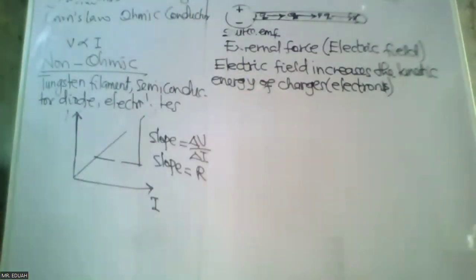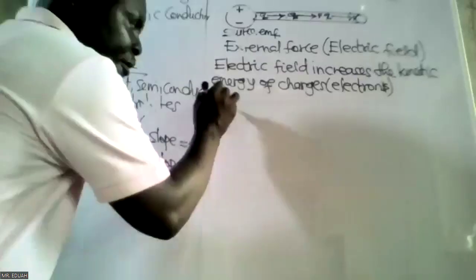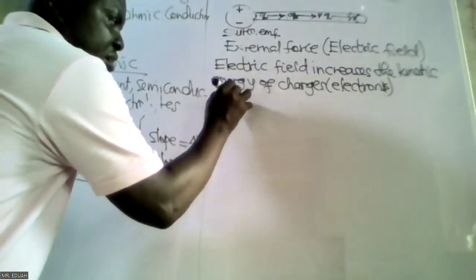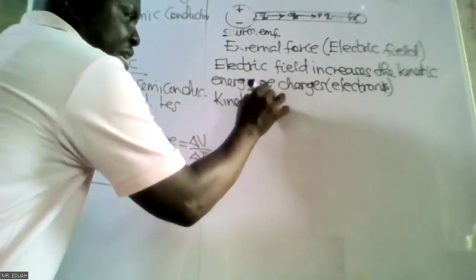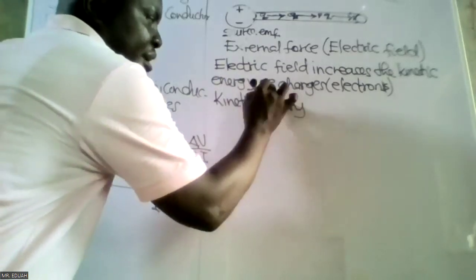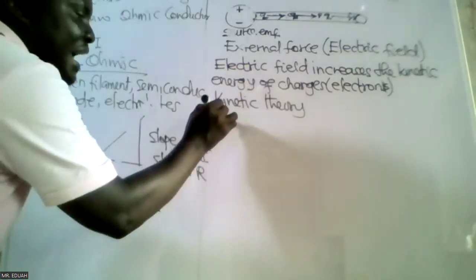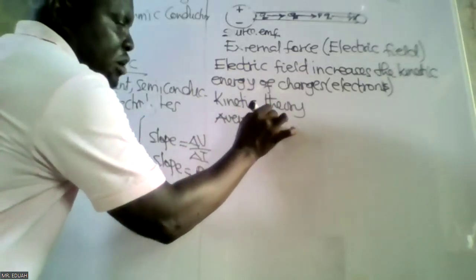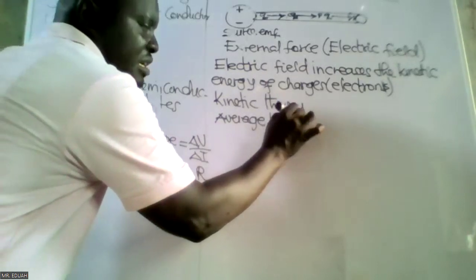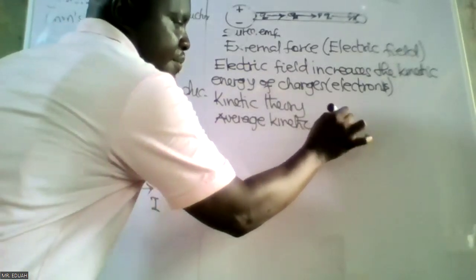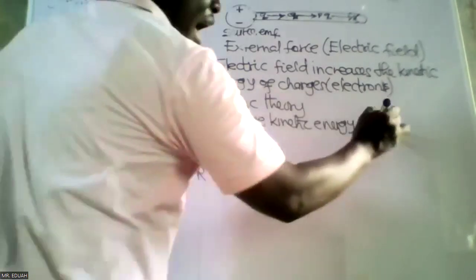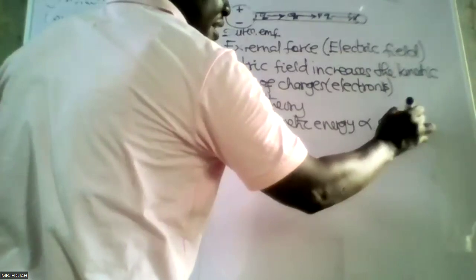Now from atomic theory or kinetic theory of matter, average kinetic energy of particles is directly proportional to the absolute temperature.